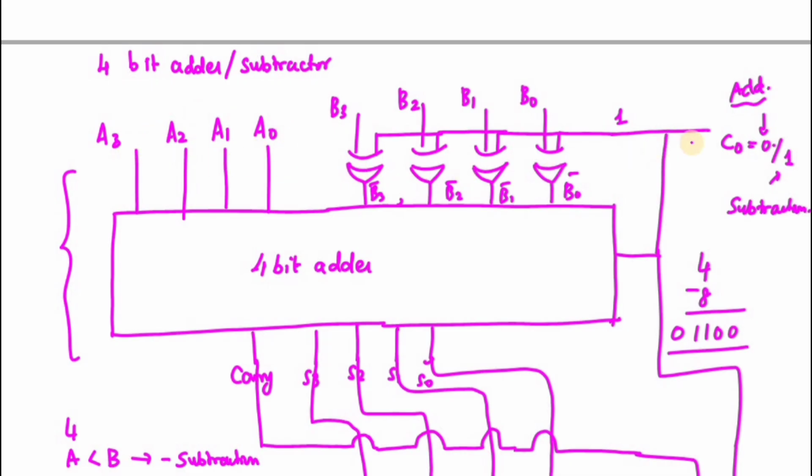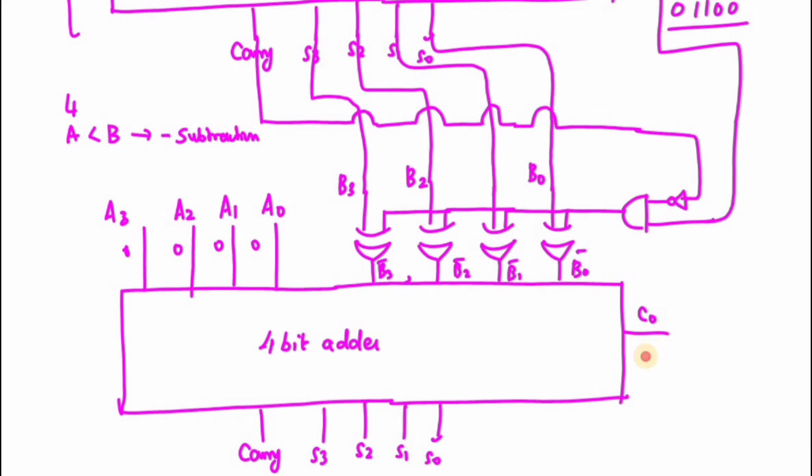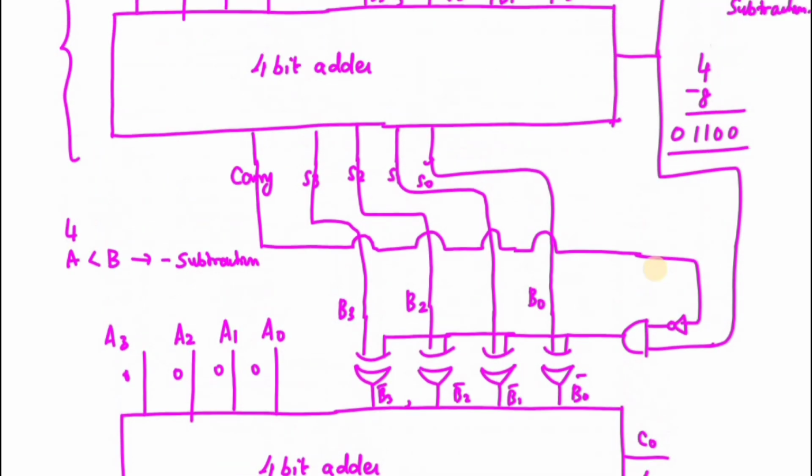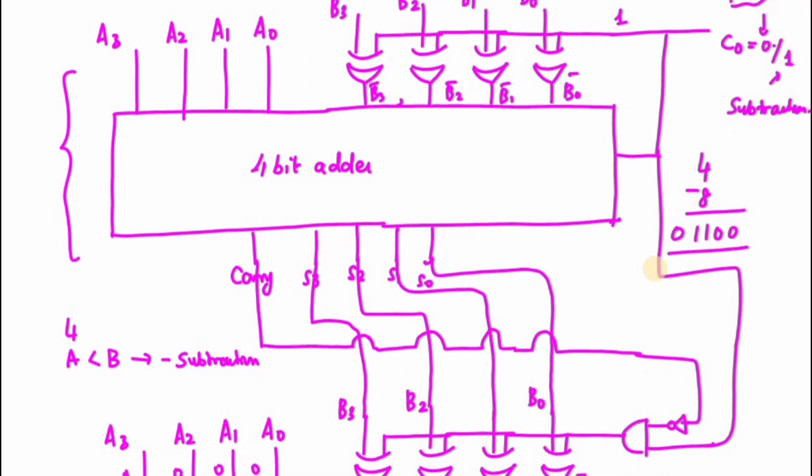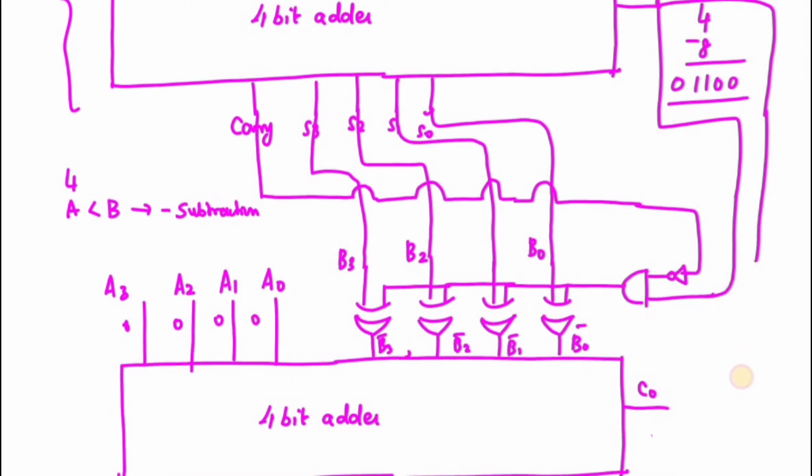Okay, and you have to make A3, A2, A1, A0 as 0, and C0 also 1, for subtraction. So I can generally connect the C0 to this circuit itself. This is your C0, right?